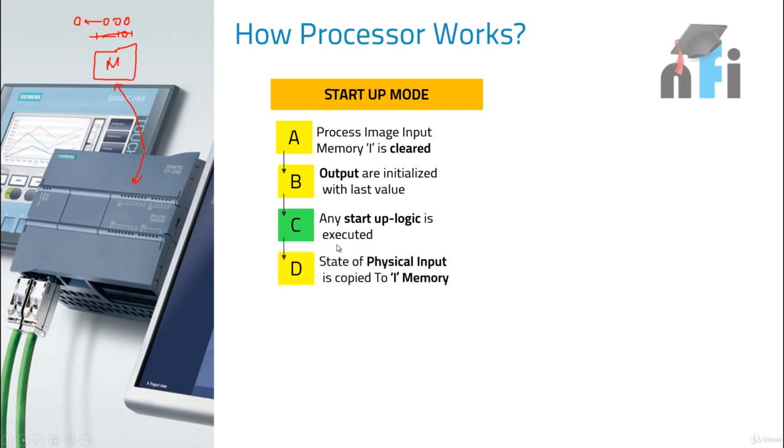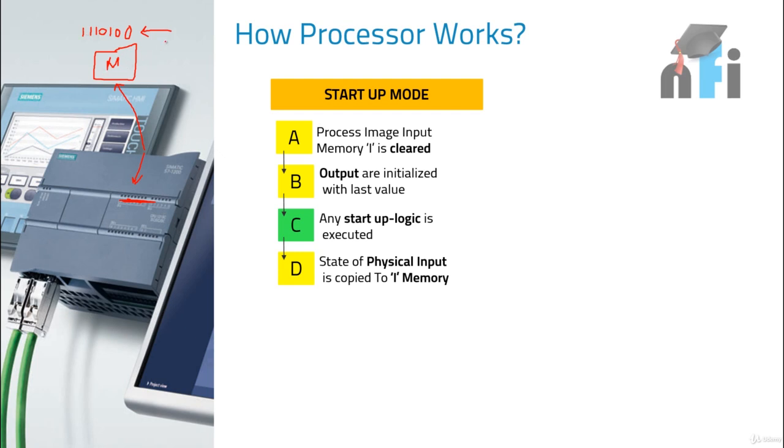Now the next cycle, state of physical input is copied to I memory. What happened in that case? Initially this memory was cleared. Now in the next step, whatever input is on, if my third input is on, it will be written in my memory now. So all the input status will be updated in my memory. Now this status is because of my inputs. If my input is on, this will be on.